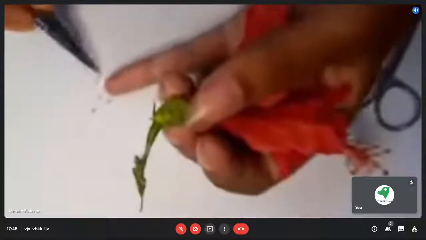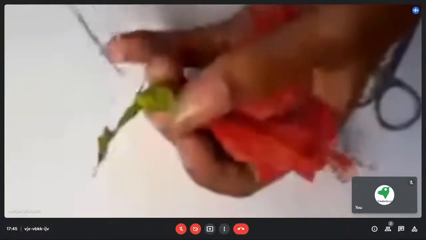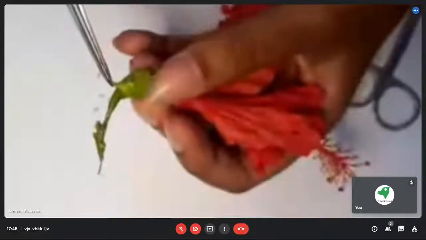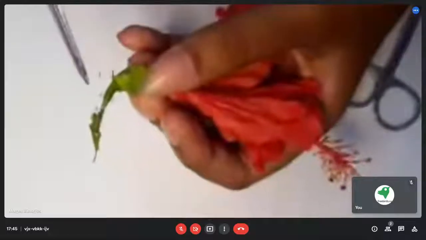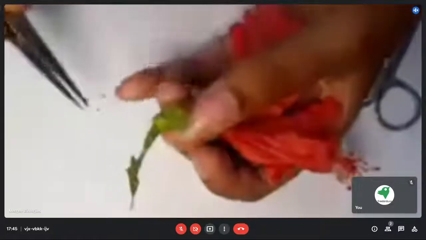Most of the time, the epicalyx is green as they are part of the sepal only, but you can find another color also in very rare cases.